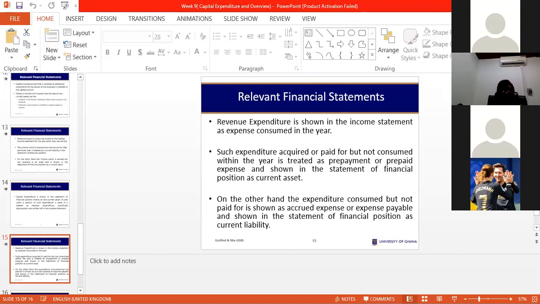And that portion that they have not consumed, if we can quantify the portion, it will be treated as an asset because it is their money with the electricity company. They are yet to consume that portion of the electricity, though they have paid in advance.